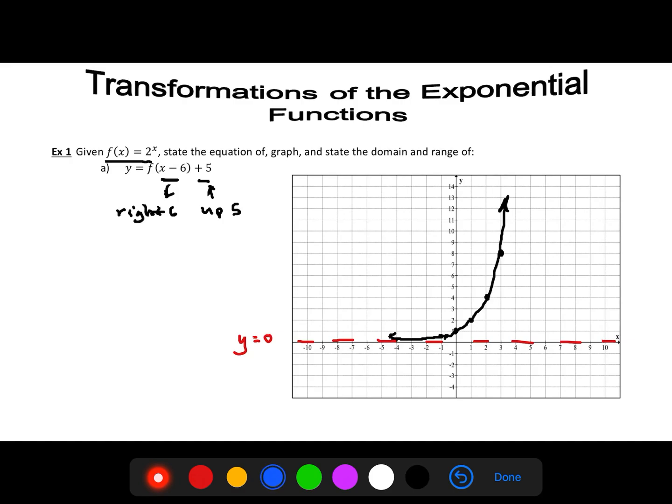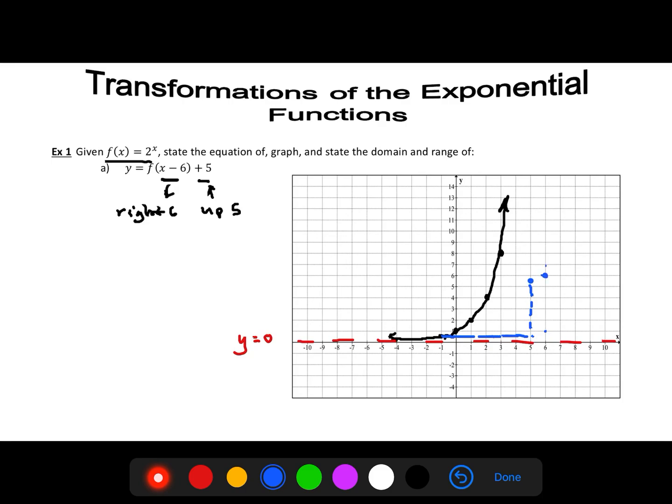So we can take our points, point by point, and shift them right 6, up 5. This point here goes 1, 2, 3, 4, 5, 6 to the right, and up 5, which means we're going to get to 5.5. So our new point is there.